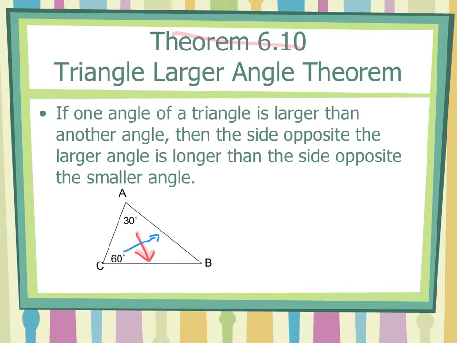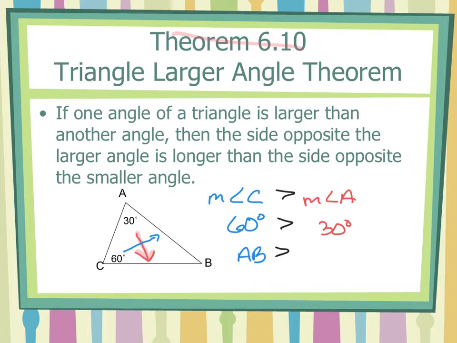Now I'm going to give a little spin on this after I do this. So for example, the measure of angle C is 60, and the measure of angle A is 30, and since angle C is bigger, then I know the side across from it, which is AB, is going to be the bigger side.